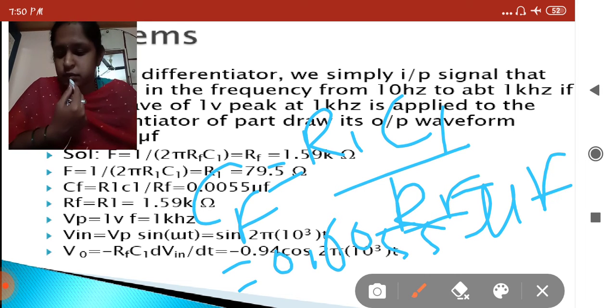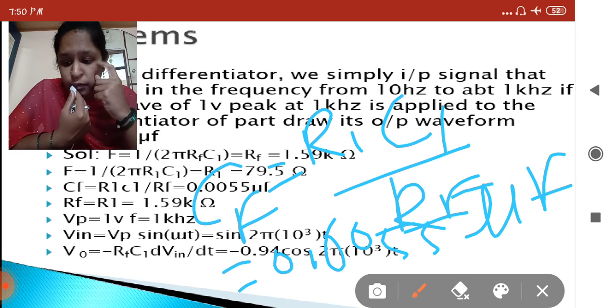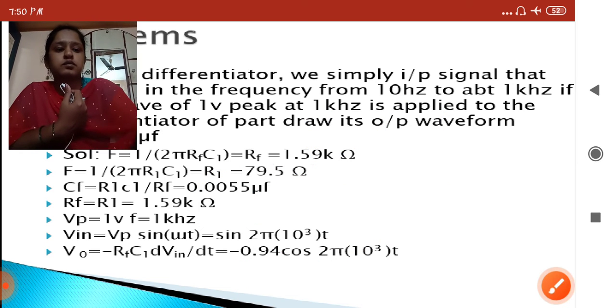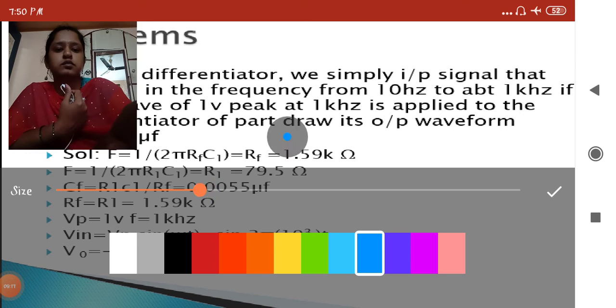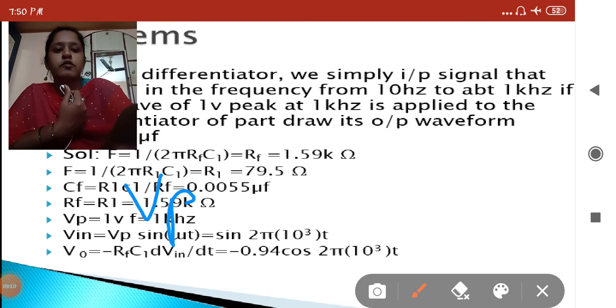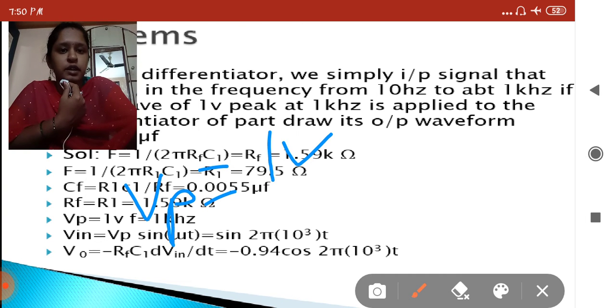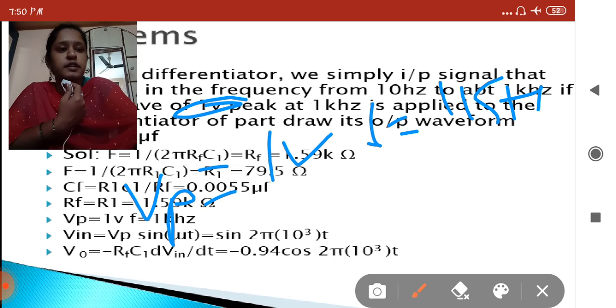So RF equals 1.59 kilo ohms, R1 equals 79.5 ohms, and CF equals 0.0055 microfarad, and the input voltage Vp equals 1 volt, which they have given, and f equals 1 kilohertz.